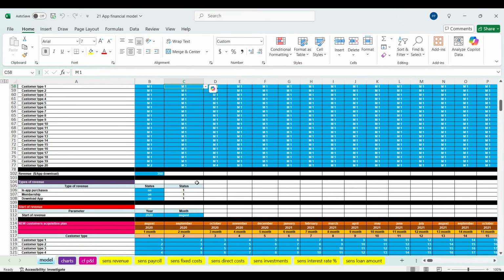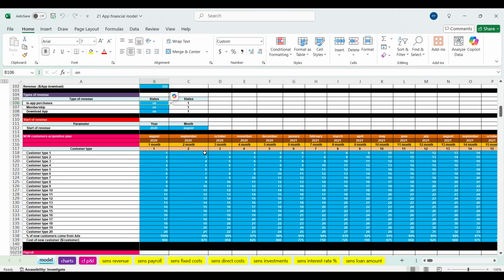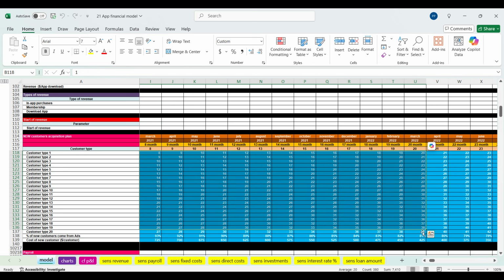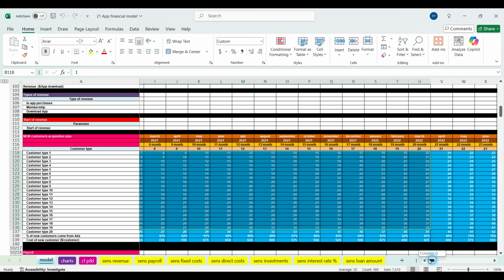Then you will be playing with switching on and off different types of revenues from the financial model. You will also be playing with when you start your operating activity. Very often entrepreneurs are playing with the amount of customers, the customer acquisition, and how this acquisition is allocated inside the timeline of their project.